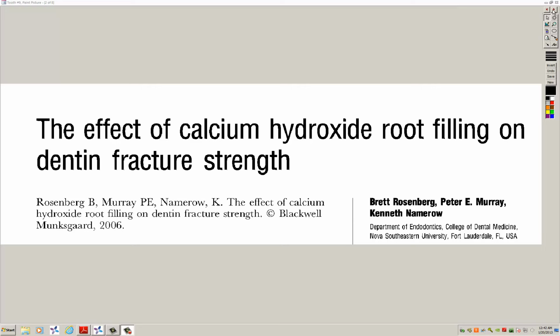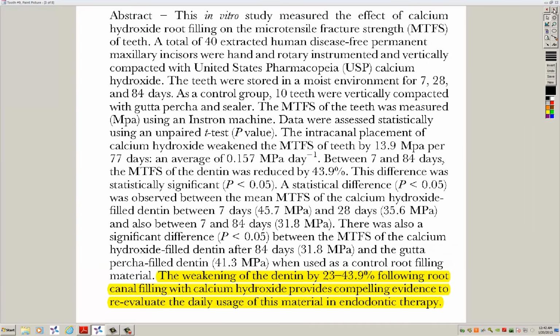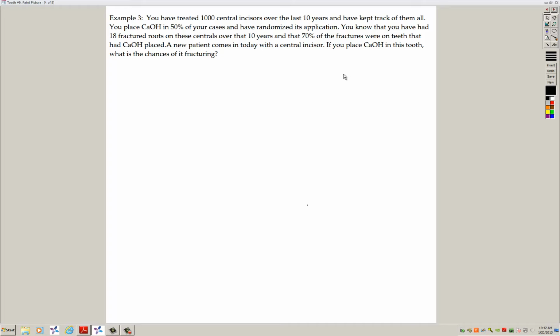So let's go ahead and pretend that we have designed this experiment and now we have some data. We have treated 1,000 central incisors over the last 10 years, and since we're doing this experiment, we've kept track of them all. We place calcium hydroxide in half of our cases, and we have completely randomized its application.